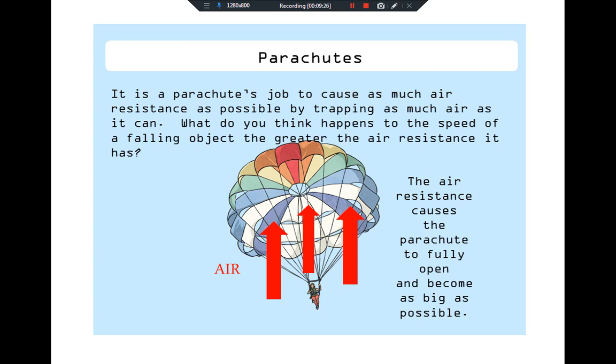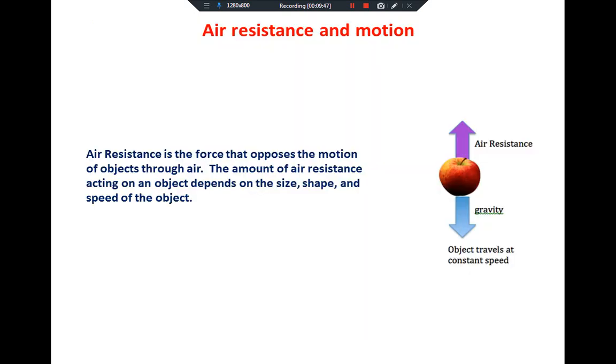So when the parachute becomes so big that it catches enough air to stay in the air or to stay in the sky, there is a larger or a greater amount of air resistance. Because of what? Because of having a larger surface area.